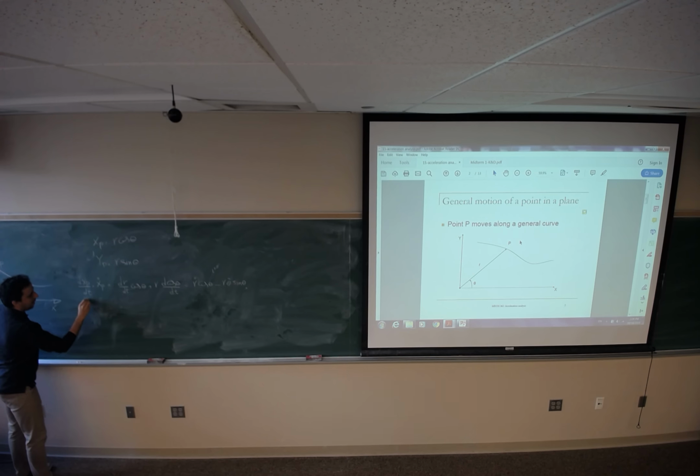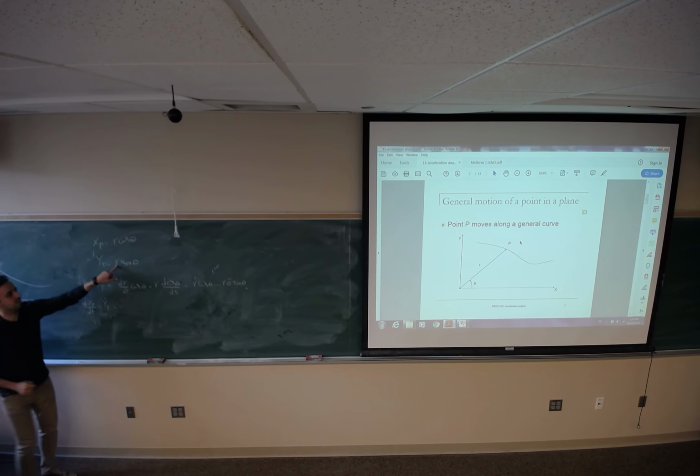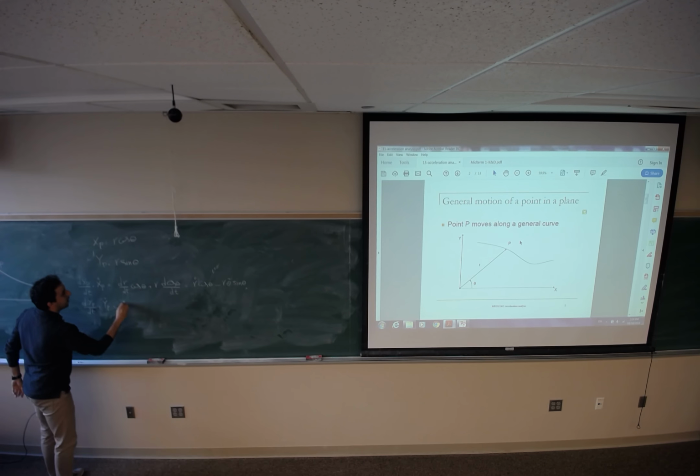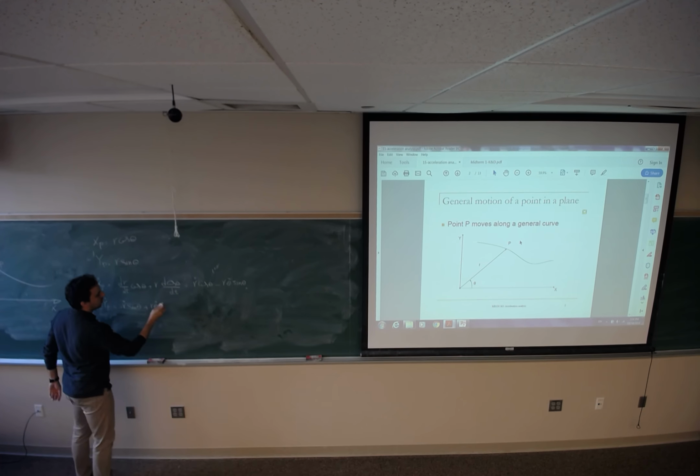And y component of the velocity, we differentiate this with respect to time, r dot sine of theta plus r omega or r theta dot cosine of theta.